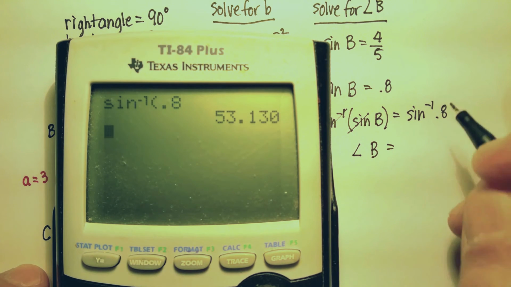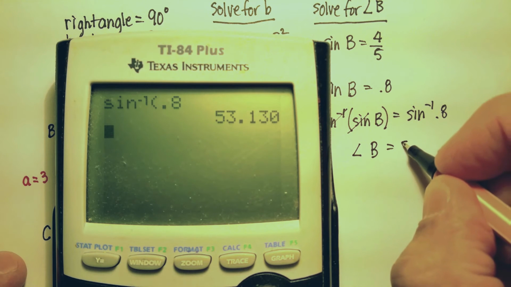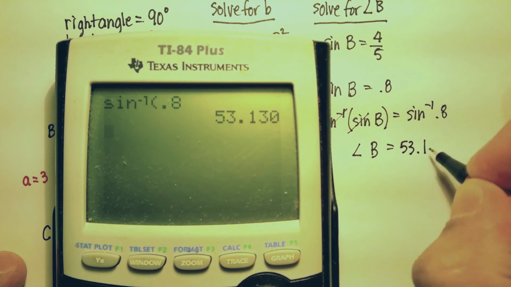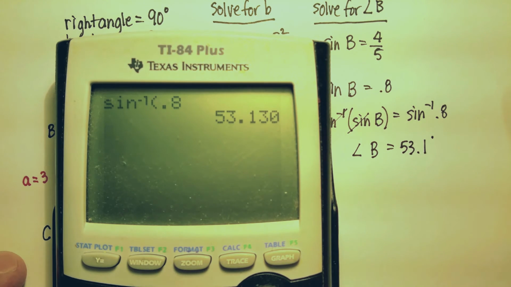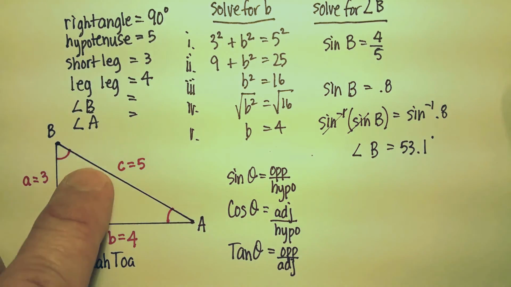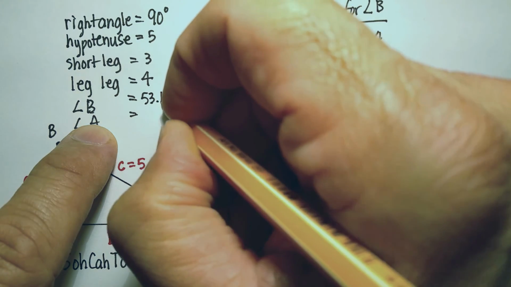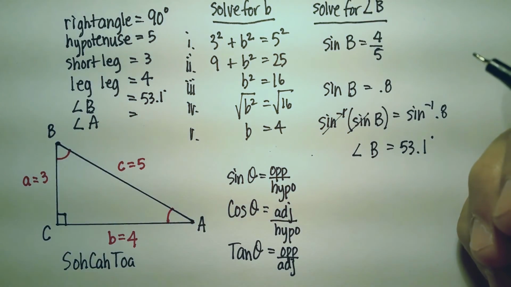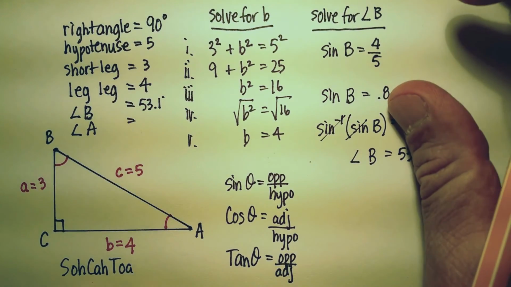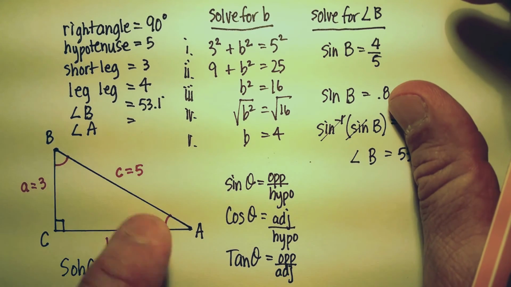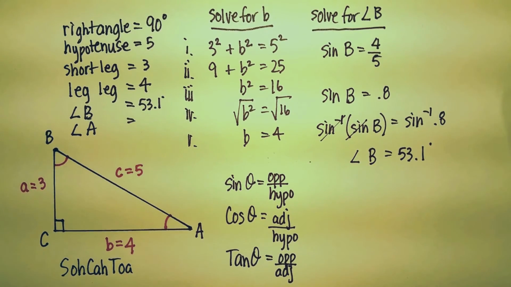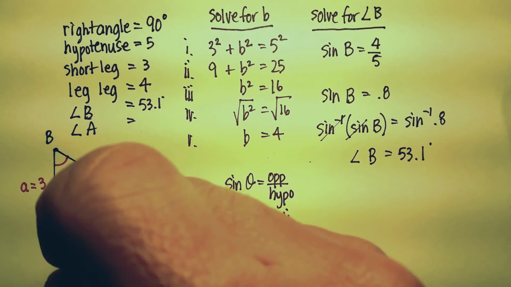So angle B basically is just equal to 53.1 degrees. And let me just put that in there. Now, I can actually solve for angle A, which is this angle down here. Let me write this one in here real quickly.